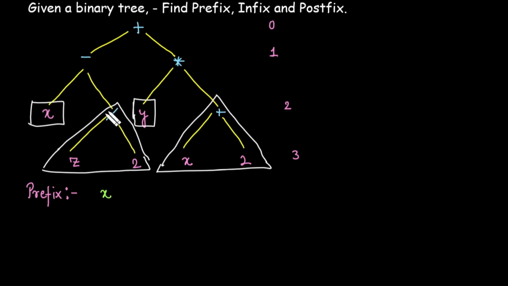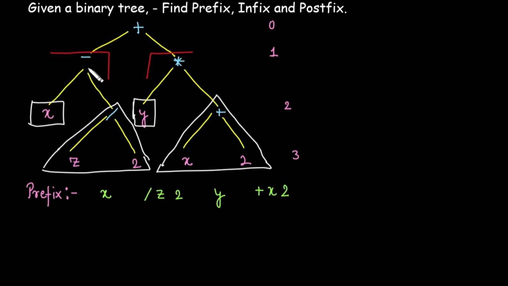For the second case, pre-order is to first visit the root, then the left child, then the right child. The third subtree is a single root. For the fourth subtree, first write the root, then the left child, then the right child. Now move one level above.